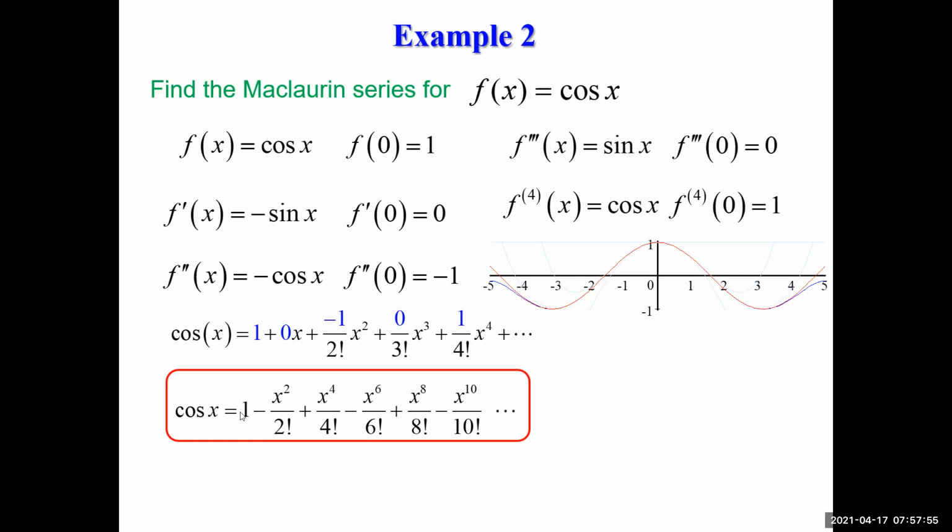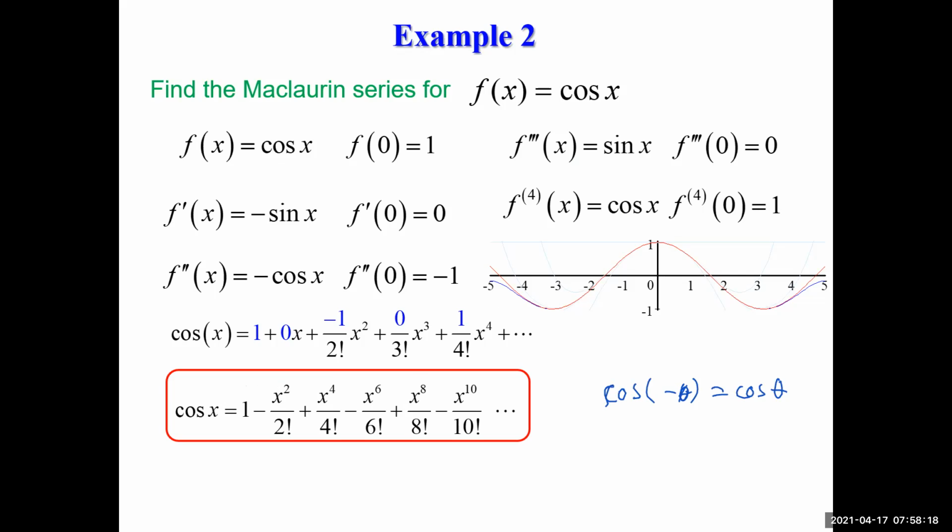That's why we have these trig identities from trig class: the cosine of negative theta is the same as cosine of theta. Cosine of negative pi half is the same as cosine of pi half because it's even.